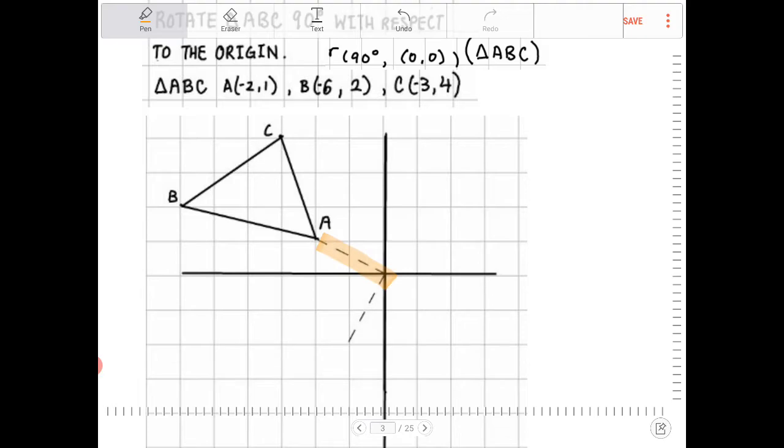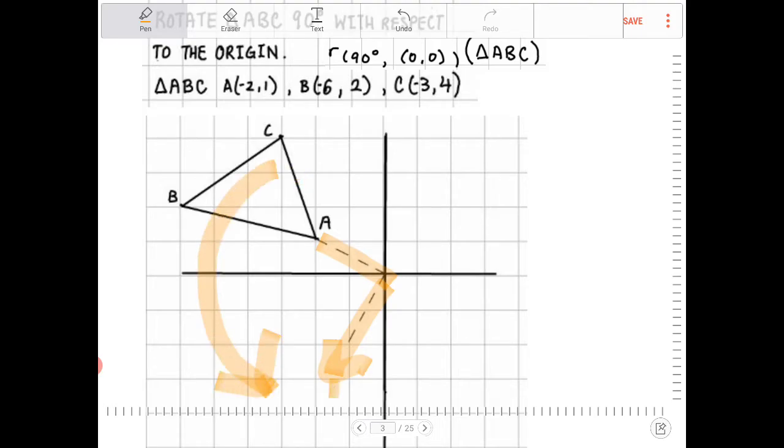It connects with the center of rotation. Now that line needs to form 90 degrees. It can either go this way or the other way. It has to go the other way because we are going a 90-degree rotation. It's a positive rotation, so the triangle has to end up in this direction.